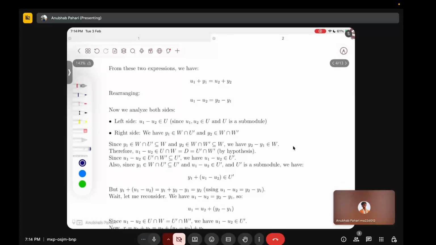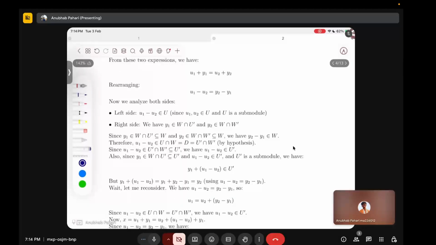So since u1 minus u2 belongs to u intersection W, how are you getting it? Because this thing belongs to W and this, they are equal, so this belongs to W. So this thing belongs to u intersection W, and also u intersection u prime intersection w prime.